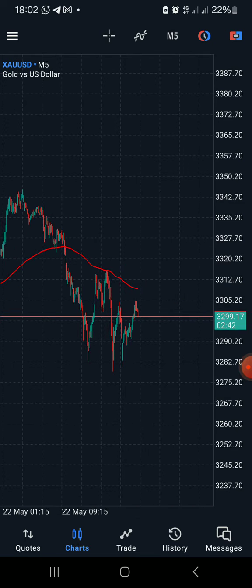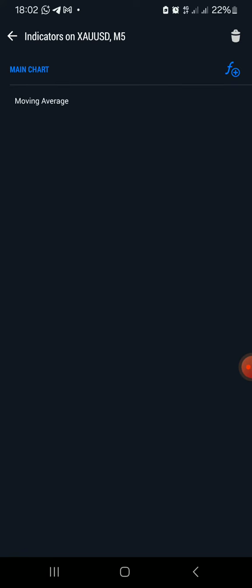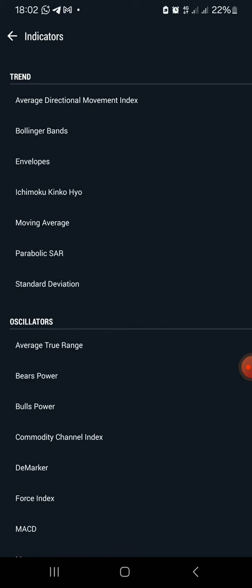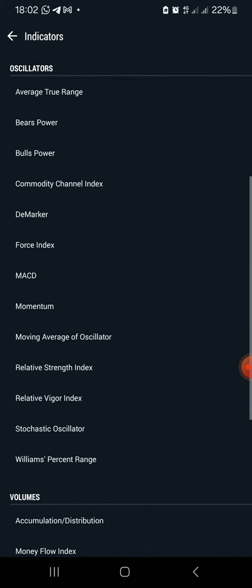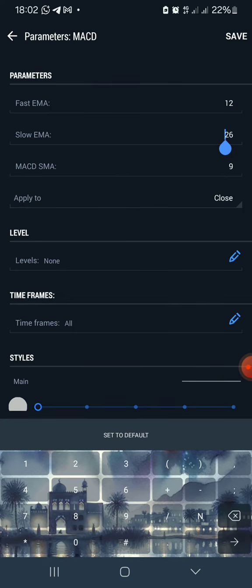So in that case, I am going to set up my double MACD indicator. I'm going to go to my MACD now. The first setup I'm having here is 200. So in this case, I'm putting 200 and I'm going to put 5.